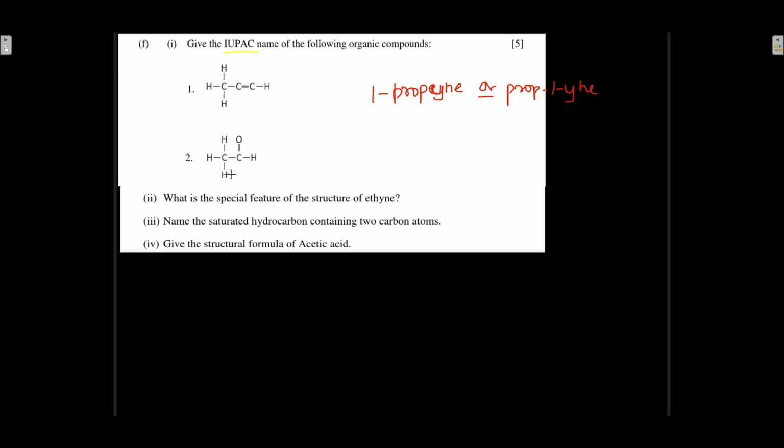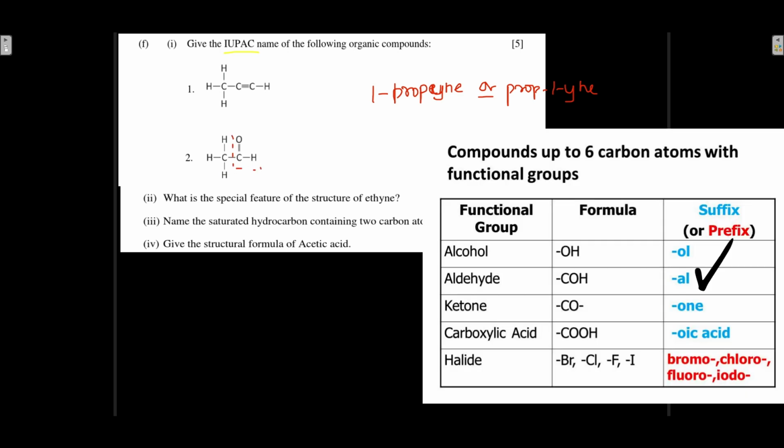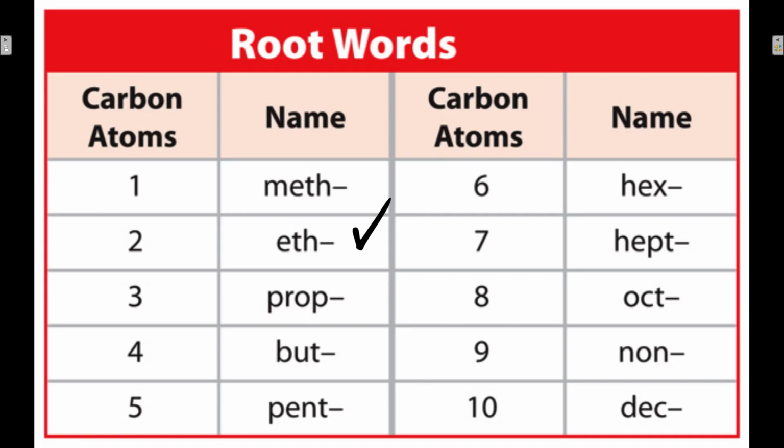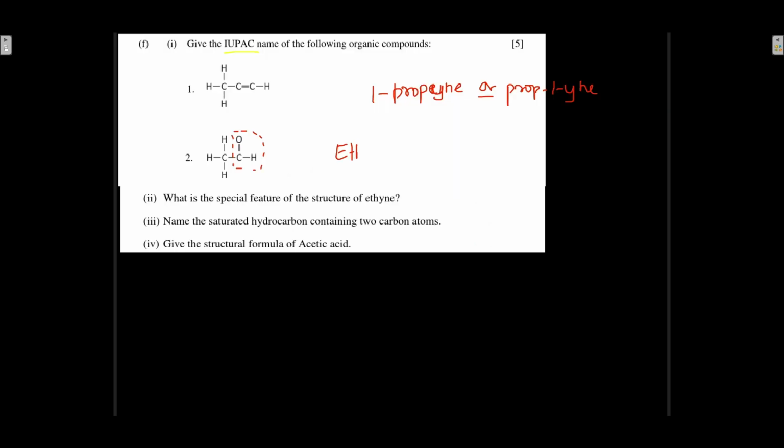Second one, you can see here, this is an aldehyde group, C double bond O H, and there are 2 carbon atoms. So eth, between carbon and carbon a single bond, so ANE. Aldehyde, AL, secondary suffix. So the IUPAC name of this is ethanal.